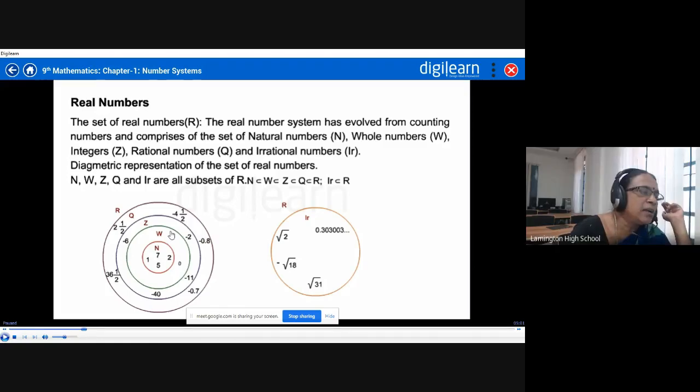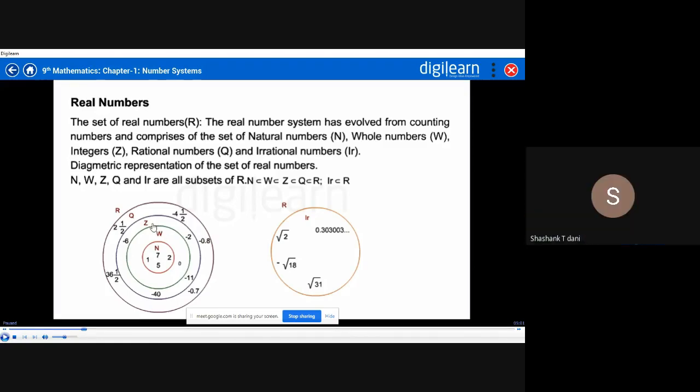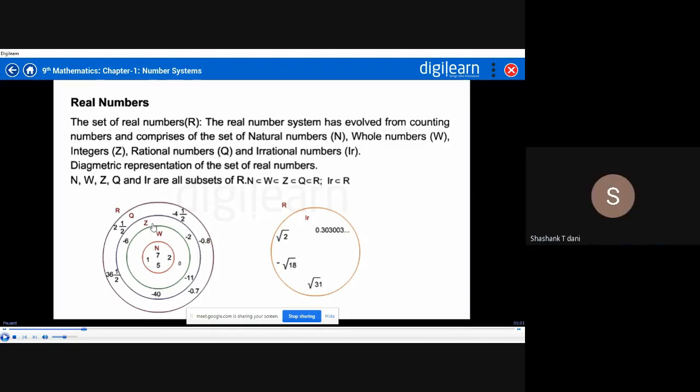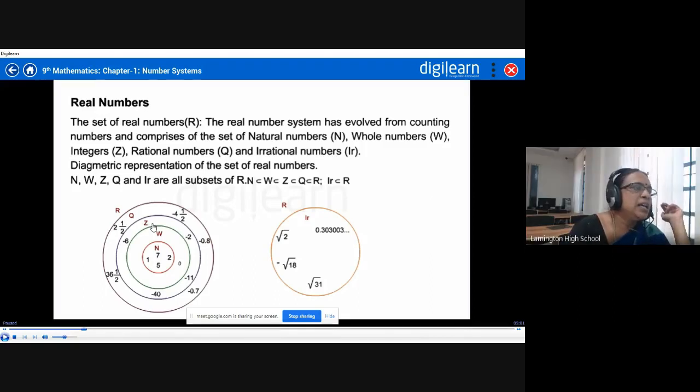Then comes Z, that is the set of integers. Integers means what? Whole numbers together with positive numbers and negative numbers. Then rational numbers. Rational numbers means numbers which can be expressed in the form of p by q, where q is not equal to 0, like 1 by 2.